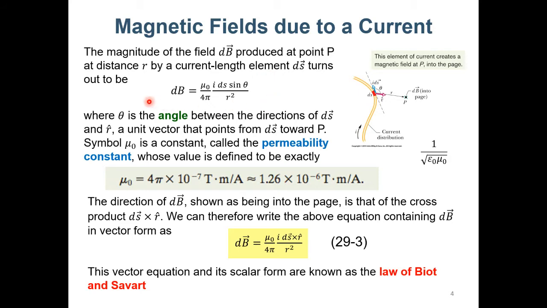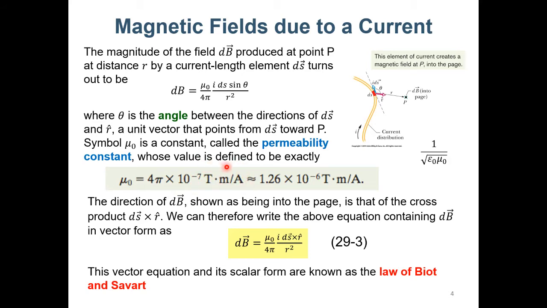This expression looks a bit complicated. Here we have mu0 over 4 pi, where mu0 is a constant called the permeability constant, which is 4 pi times 10 to minus 7 Tesla meter per ampere.